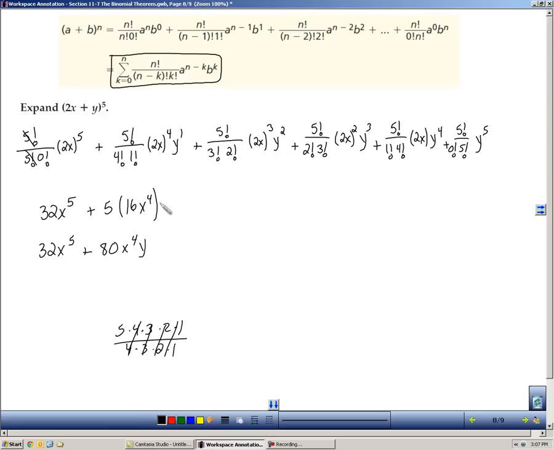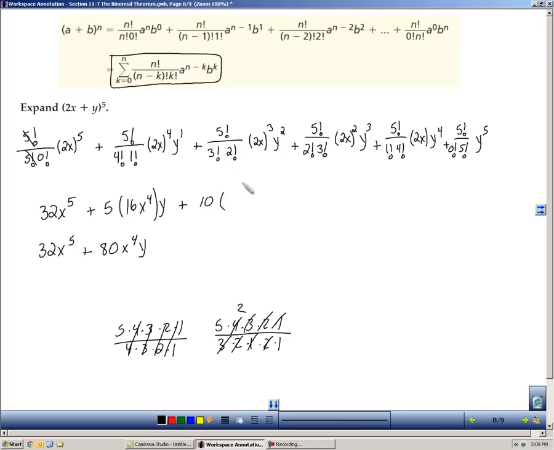Y. We forgot the y there, so we'll put that in. Next term, 5 factorial over 3 factorial times 2 factorial. So the 3's will go, the 2's will go, the 1's will go. This 2 will cancel with this 4, leaving a 2, so it looks like a 10.